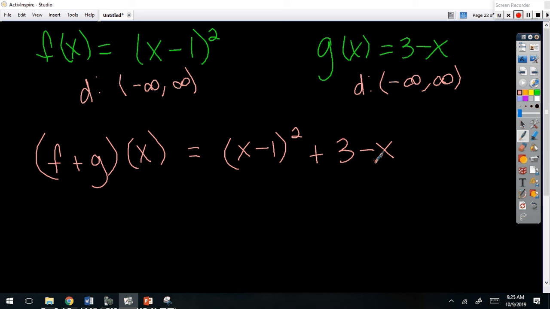Can I distribute that squared through there? No, why? I'm subtracting in the parentheses, right? So I can't do that. What I have to do is everybody's favorite thing, I have to FOIL.